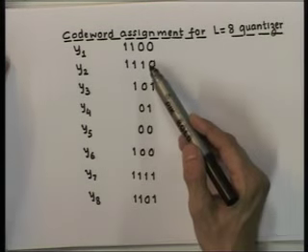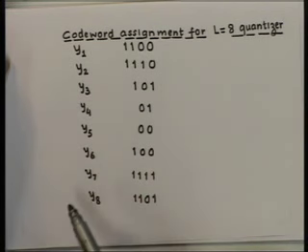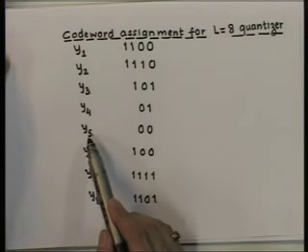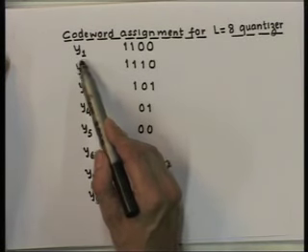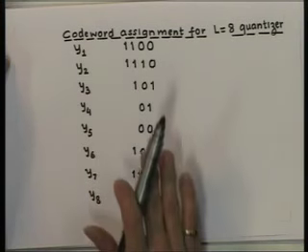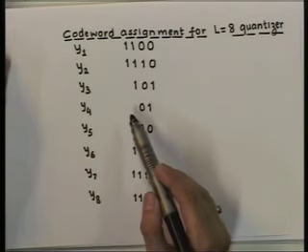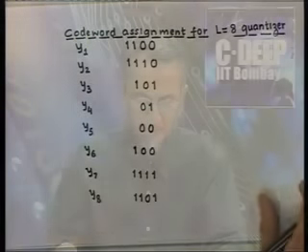Now, the average rate will depend on how often we have to encode Y5 versus how often we have to encode Y2. This implies that the average rate will depend on the probability of occurrence of the outputs.